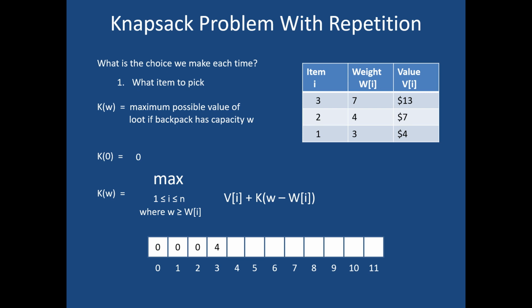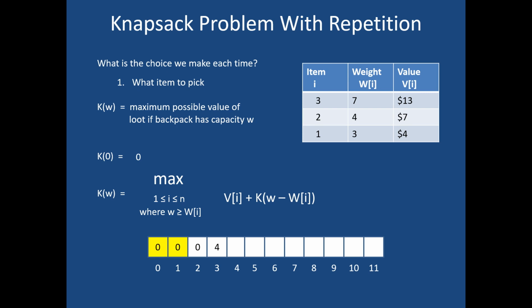Now, which of the squares does index 4 depend on? We've got to decide what to write here at index 4. What does it depend on? 0, 1, and 4. That corresponds to taking item 2, because it has a weight of 4, so 4 minus 4 gets you to here. And what's the other one we depend on? 1. Item 1 is 3 pounds, so you get there. So it depends on those two.